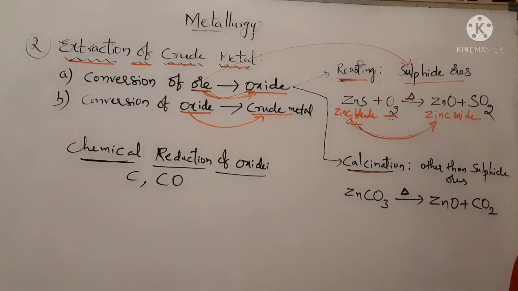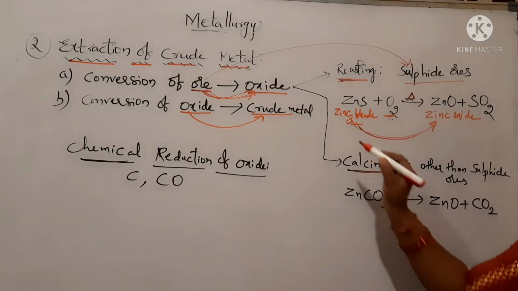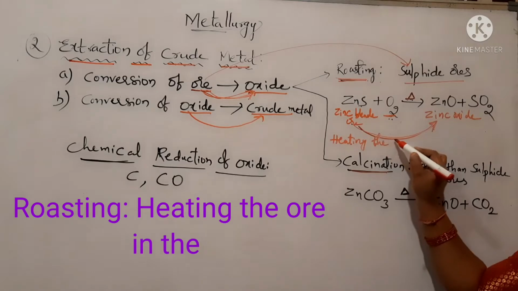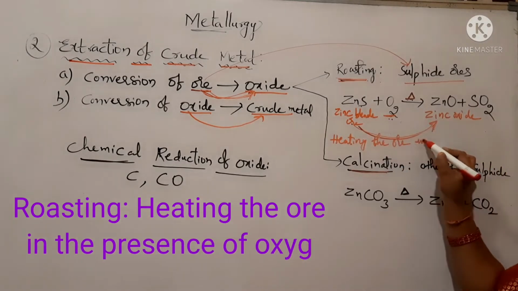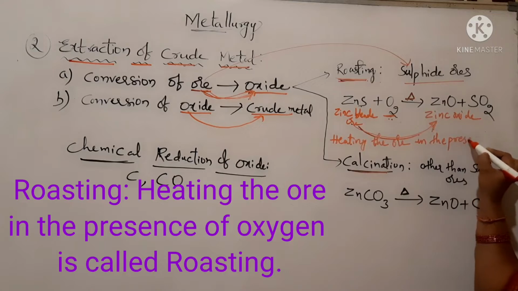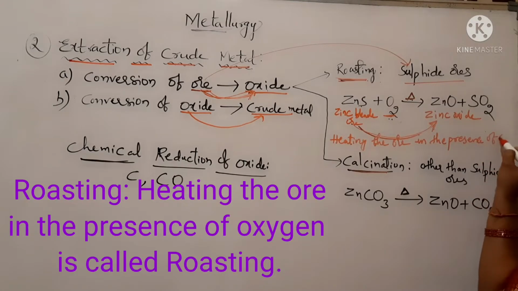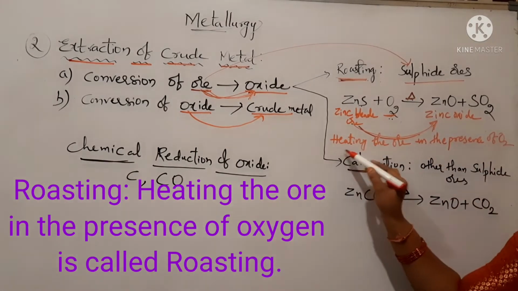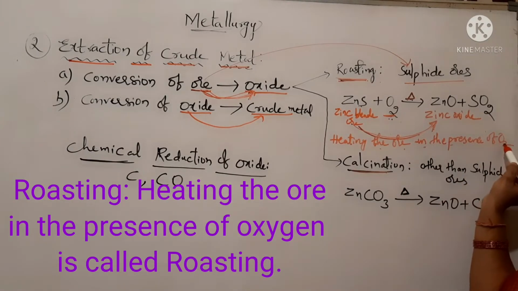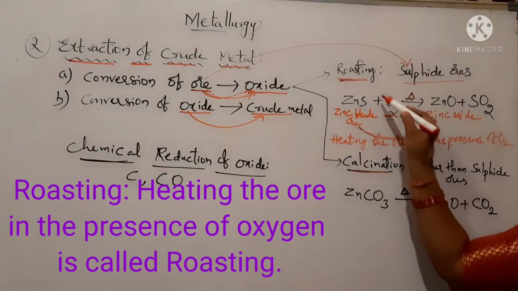Now you want to define what is roasting. Roasting means heating the ore, especially sulfide ore, in the presence of oxygen. Heating the ore in the presence of oxygen is called roasting.